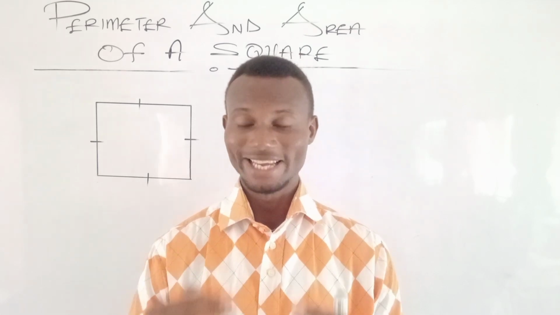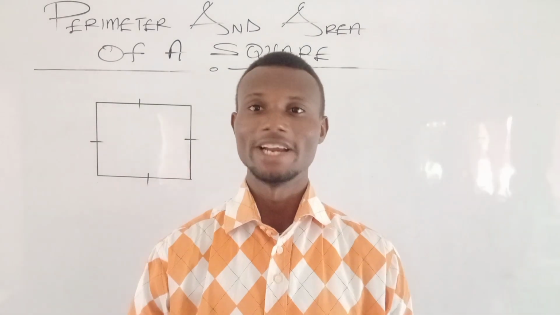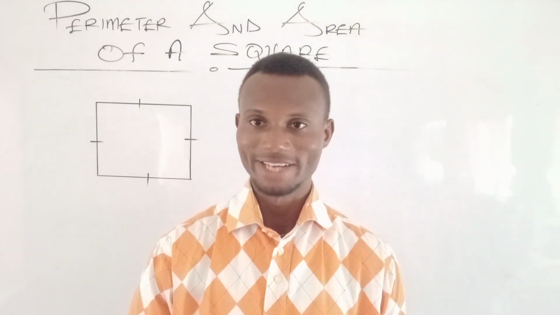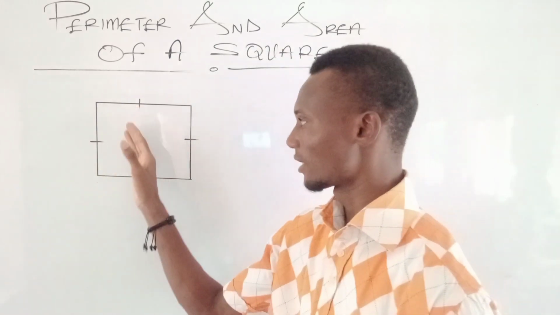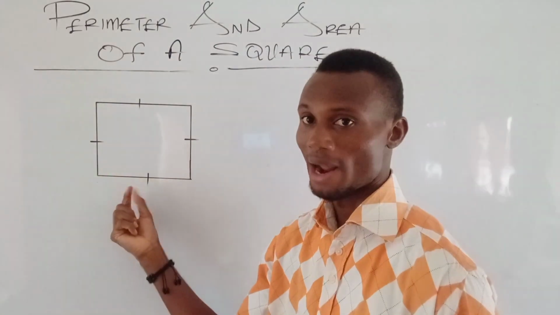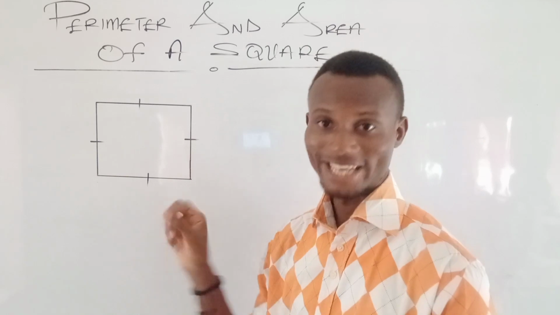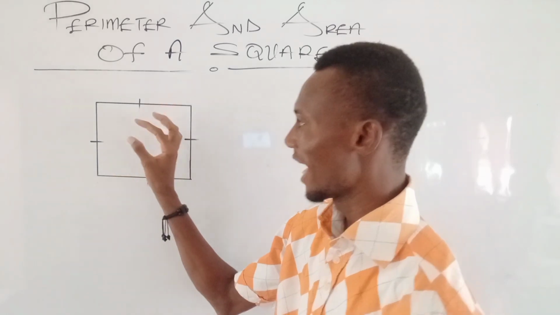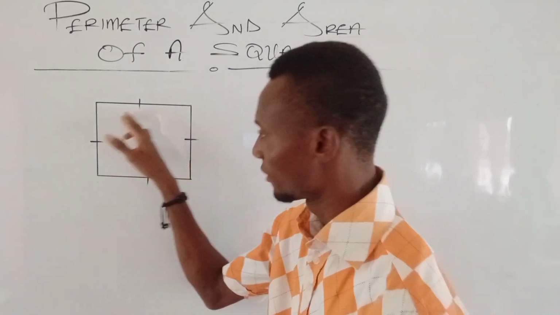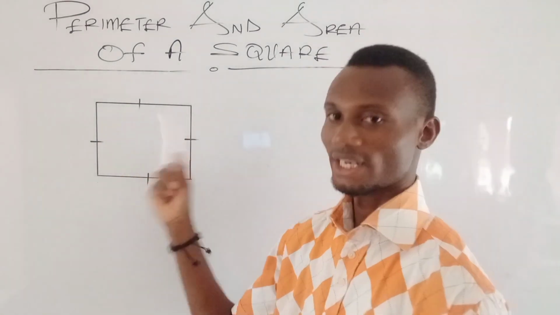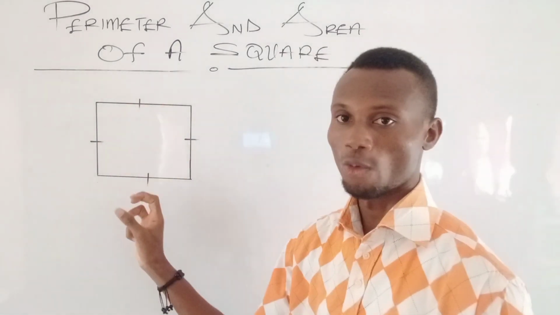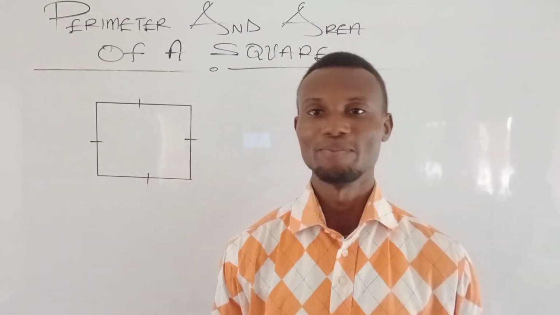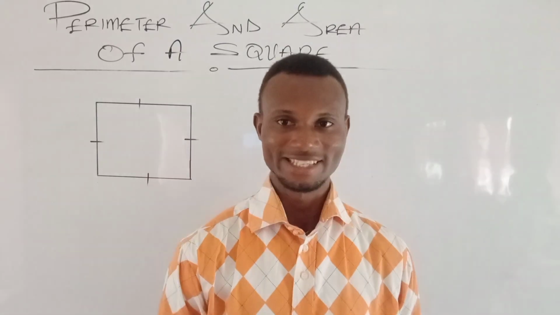The area of the square refers to the space inside the square. I hope the explanation is clear enough.